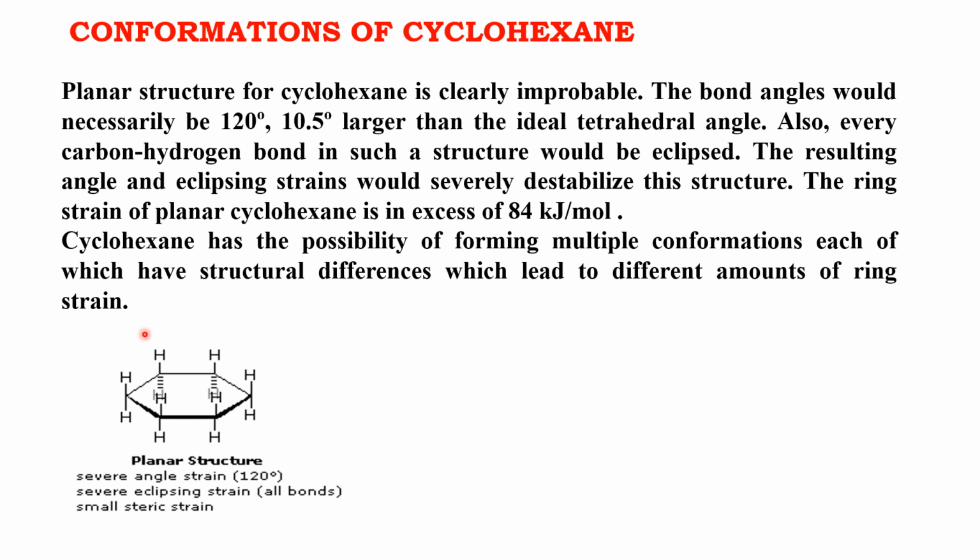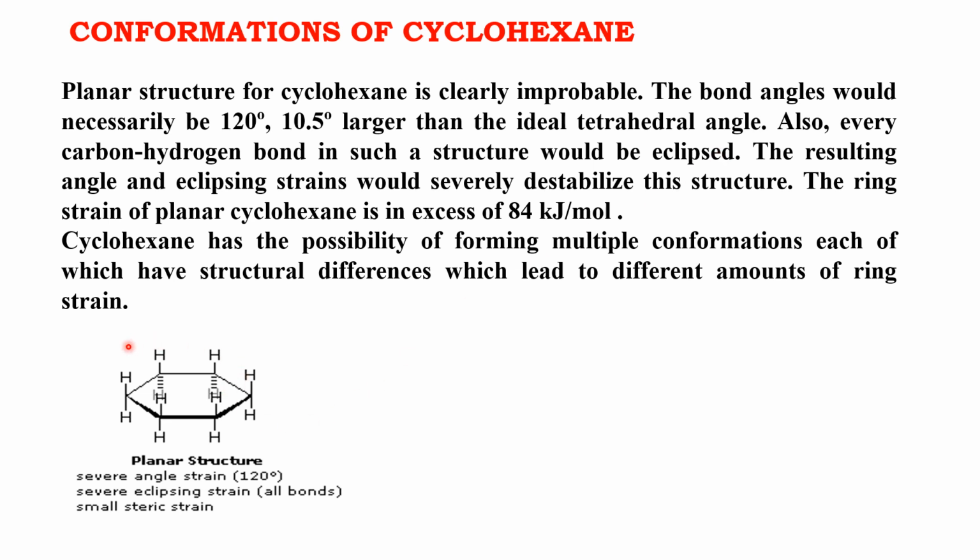But we consider it as a planar molecule, and hence we think it has a bond angle of 120 degrees. So as per Baeyer strain theory that we will see, the molecule should be a bit strained because the bond angle is approximately 10.5 degrees larger than the ideal tetrahedral angle.